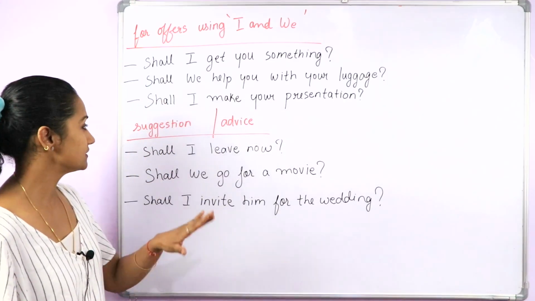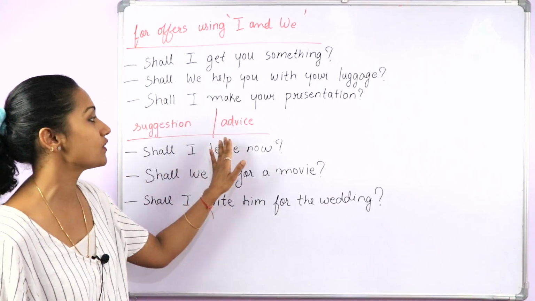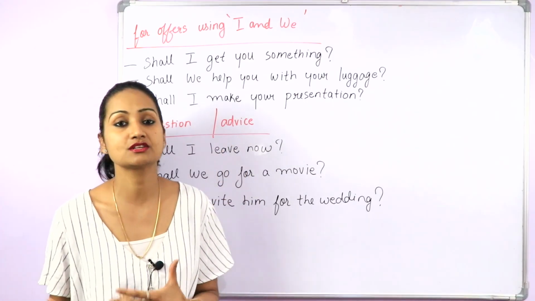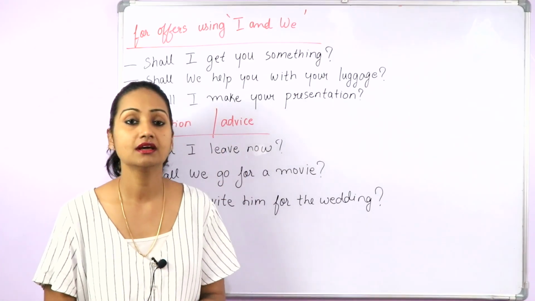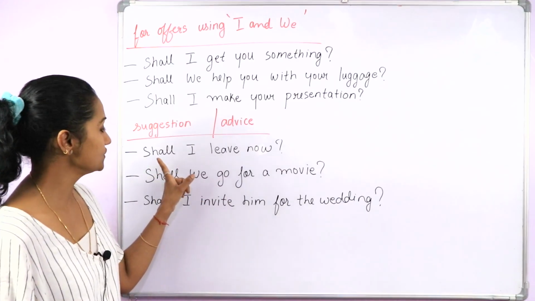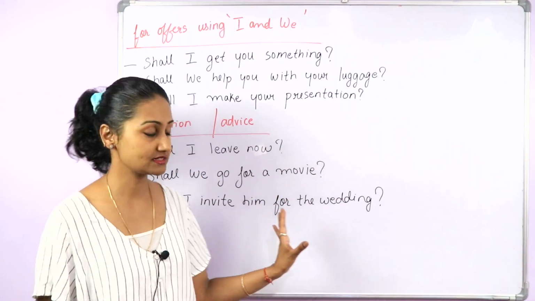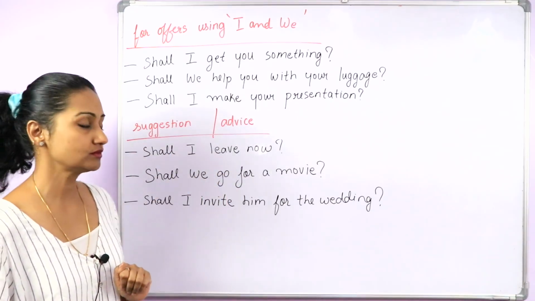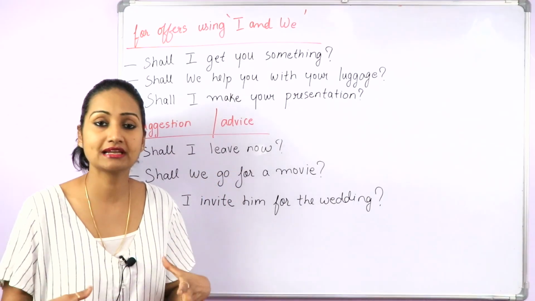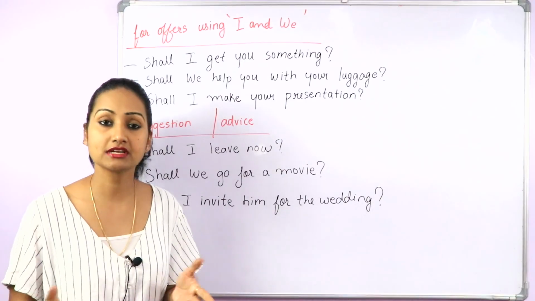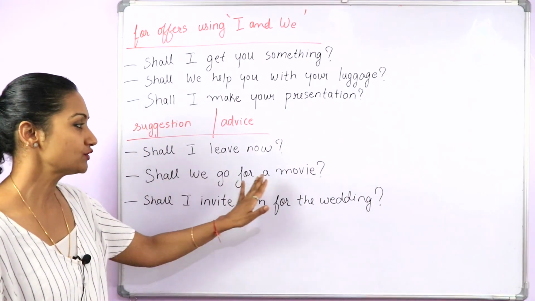Now next situation is suggestion or advice. When you are giving an advice, when you are giving a suggestion, in that case again you can use shall with I and we and in an interrogative sentence. So shall I leave now? What do you think? Shall I stay a little more or shall I leave? Shall we go for a movie?